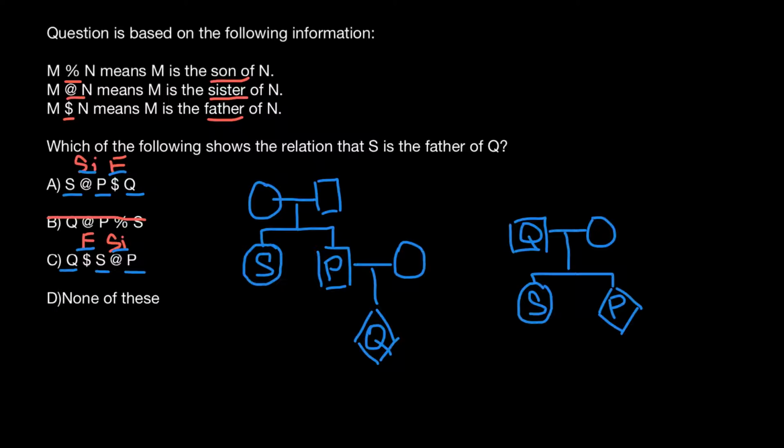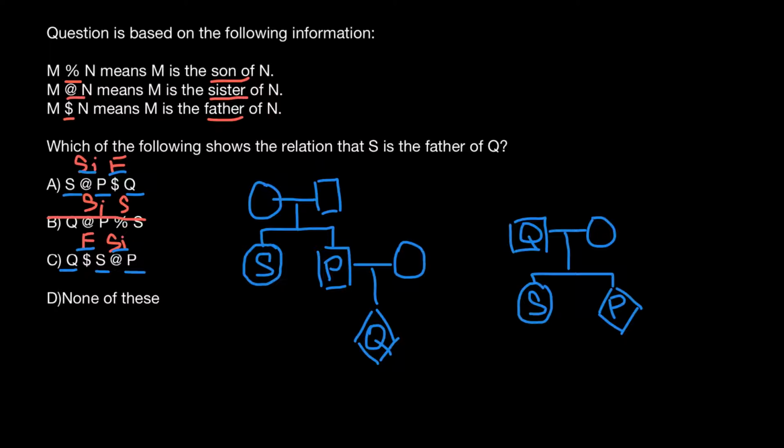But I know you want to check variant B also, to see if I'm correct or not. @ means sister, so let's put SI here, and percent means son, so let's put S here.